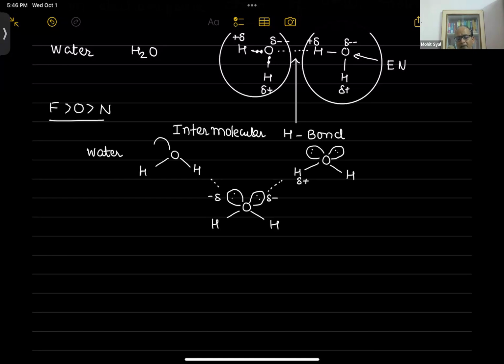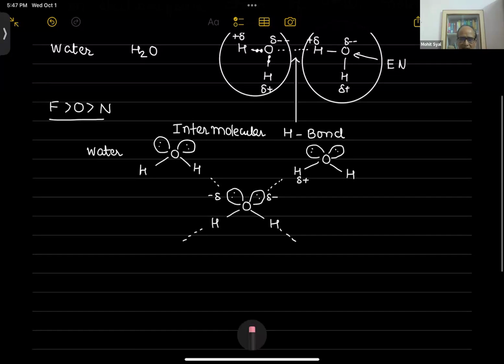So what happens in ice? Ice is a crystalline solid, we know. Ice is actually less dense than water. That's why it floats. Why is it less dense than water? Getting my point? Why does ice float? We see icebergs floating in the sea, okay. But why?